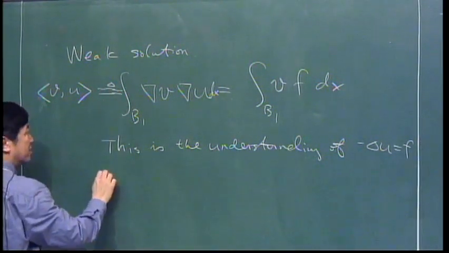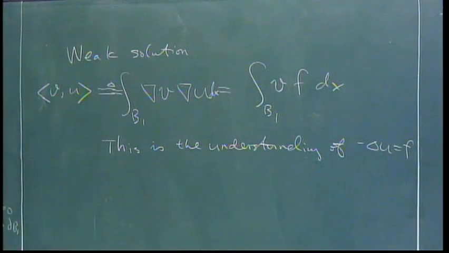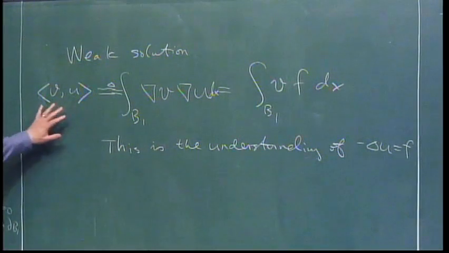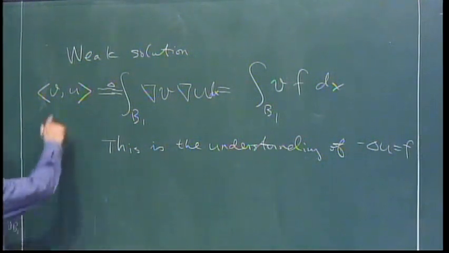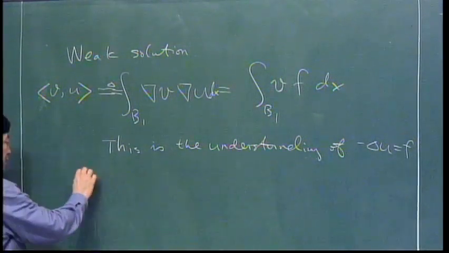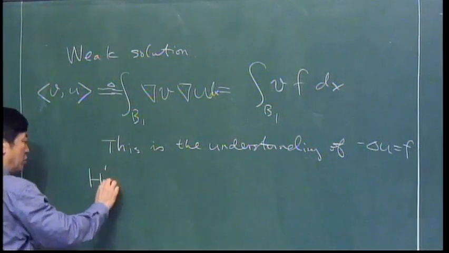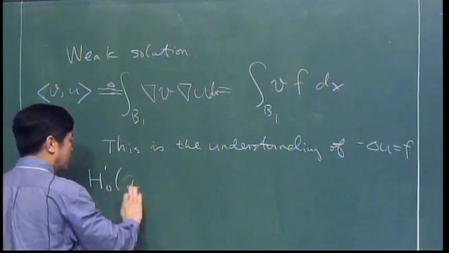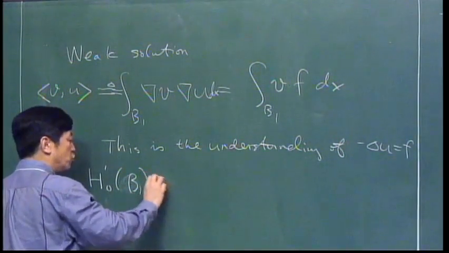Then all the functions with weak derivative in L2 form a Hilbert space under this newly defined dot product. You define all these functions H1.